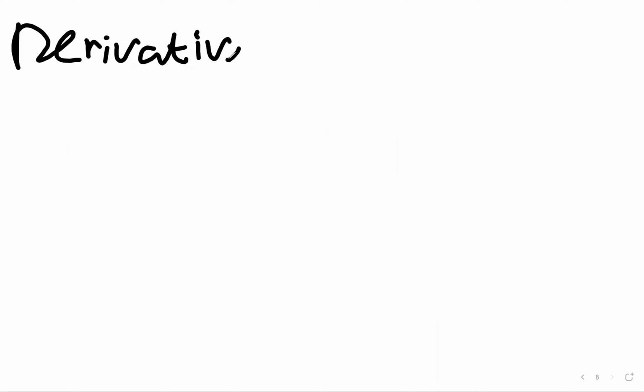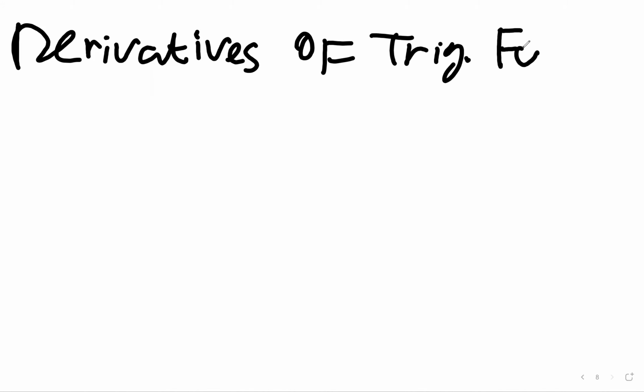If there is no question, then I will continue to the derivatives of trigonometric functions. For finding the derivative of a trigonometric function, the idea is that we should first find the derivative of the sine function and the cosine function.